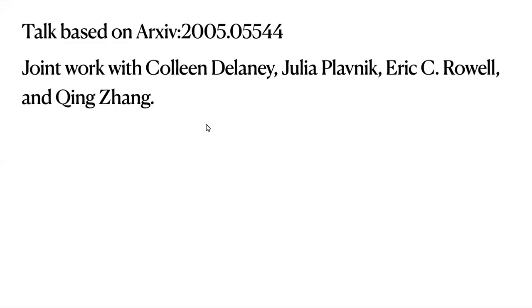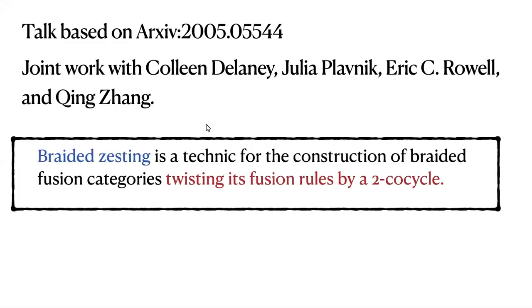And the idea of the paper, or what we did, was the following. We developed a technique for the construction of braided fusion categories, changing a little bit the fusion rules. So the idea, as I will explain later, is that we will change the fusion rules using a group two-cocycle.